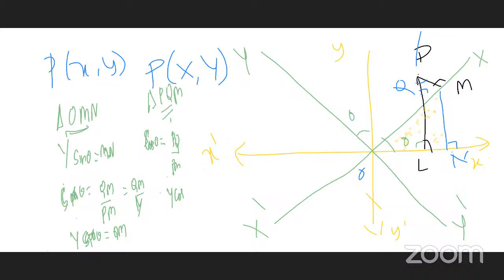Can you tell me in triangle OMN how it could be MN equal to Y sin theta? It would be X sin theta, sir.